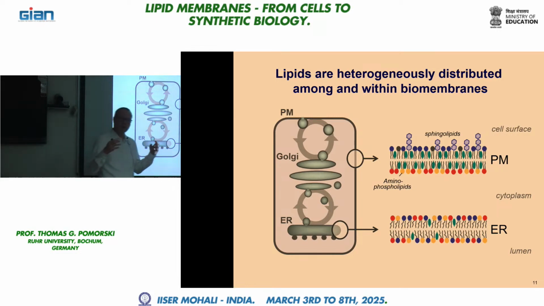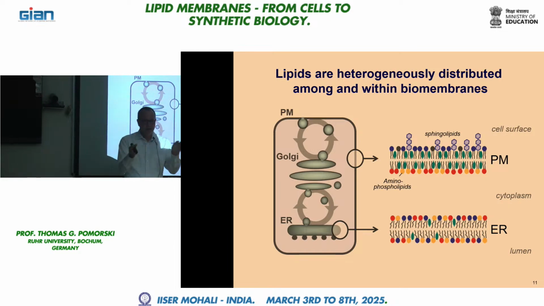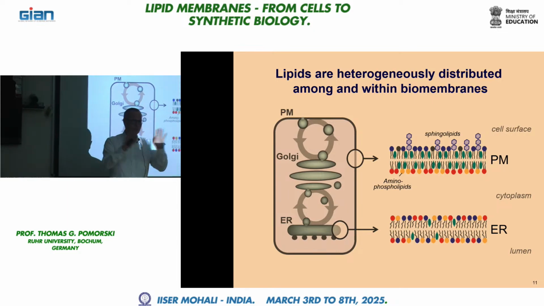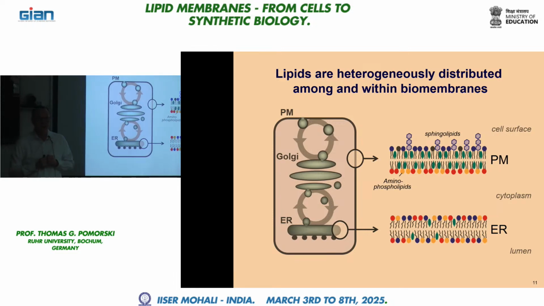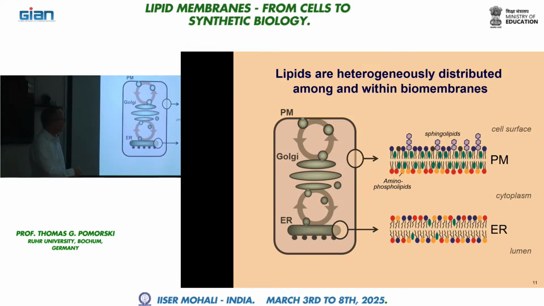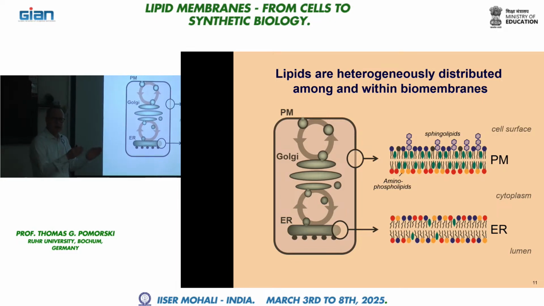If you normally have a very fluid membrane with a lot of lipids with unsaturated fatty acids, and you add steroids, what would happen to this membrane? Liquid order. Yes, it would become more condensed. We don't even talk yet about domains, but it would become more condensed. And now you can ask, does it make sense to make this membrane tight and this membrane not? And for the plasma membrane, you would consider it makes full sense, right?